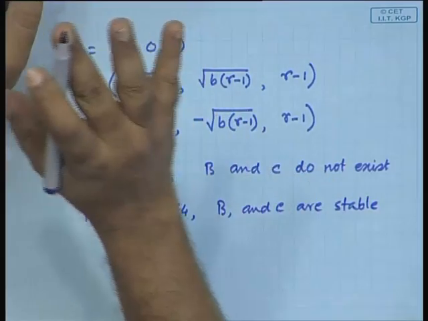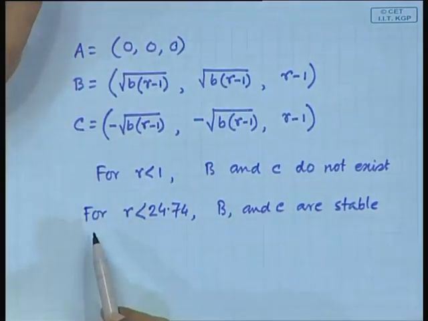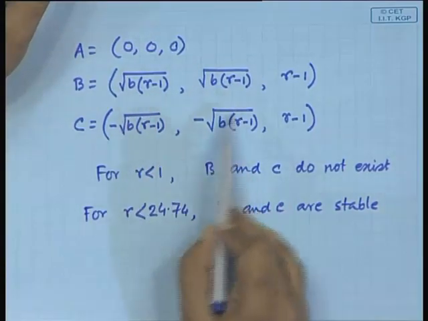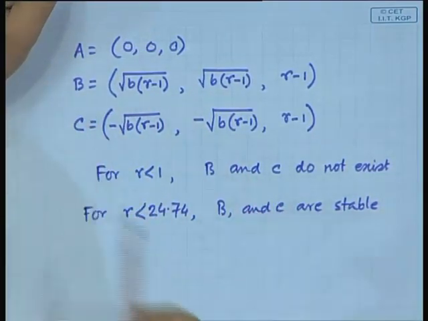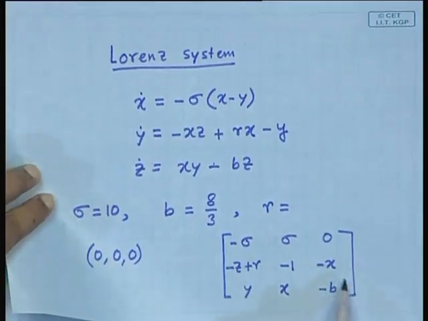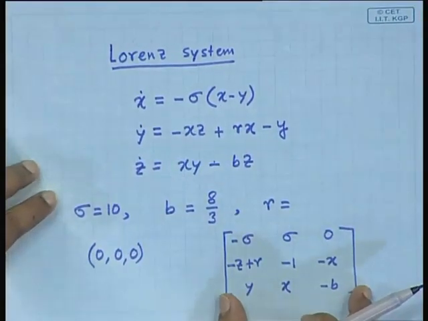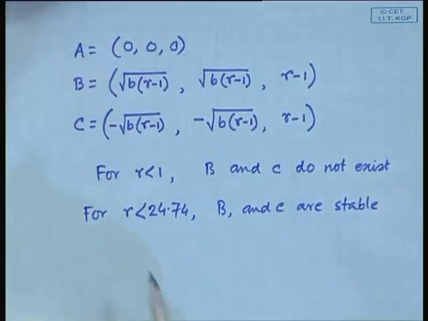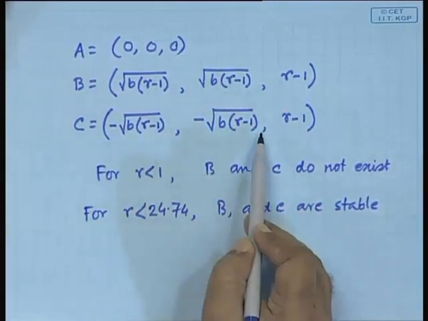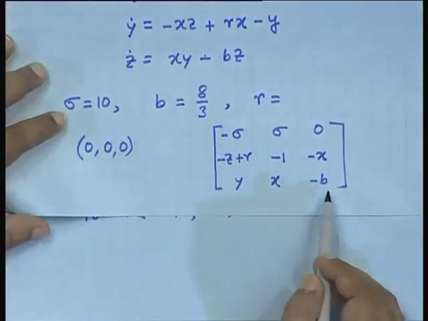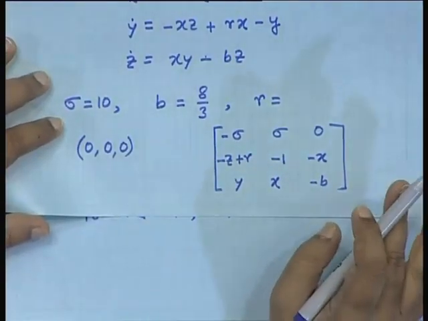You would have to do that exercise later, but you have understood how to do it: you simply find the positions of B and C, then you put the values here and obtain the eigenvalues. In place of x, y and z, you will put these numbers, so that you can exactly obtain this matrix and its eigenvalues. Trivial to do by MATLAB.